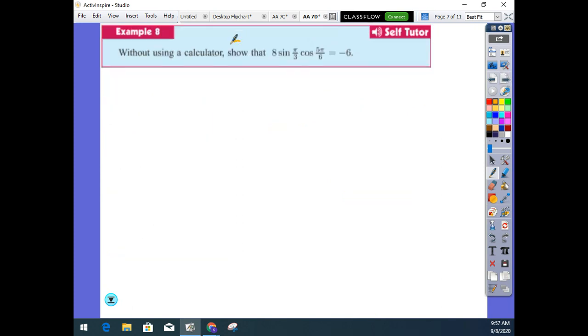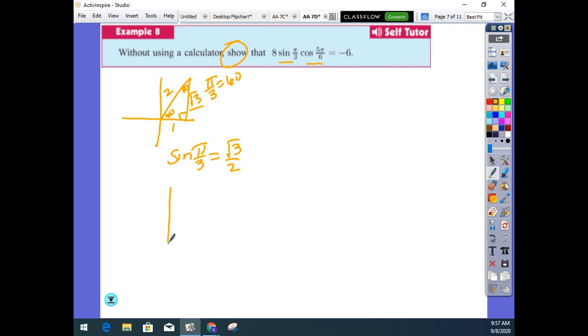Okay, so this is asking us to show, this is kind of like a proof. I'm just going to take this in pieces. So first we need to figure out sine of pi over 3. I'm going to draw sine of pi over 3. Remember, pi over 3 is 60. So this is our 60, 30, 90, 1, 2, square root of 3. So sine of pi over 3 is y over r.